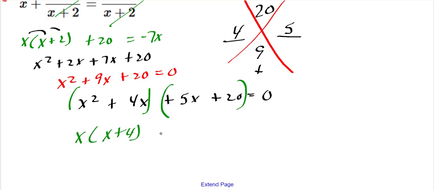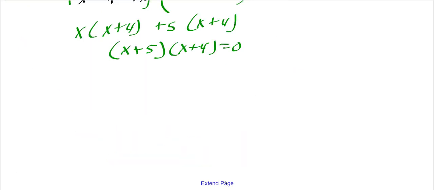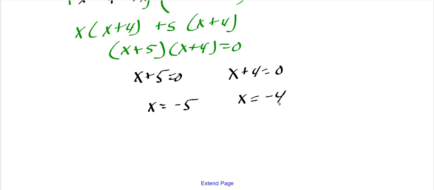That leaves me x plus 4. That's x plus 4. 5 divided by 1 is positive 5. 20 divided by 4 is positive 5. So x plus 5 and x plus 4 equal to 0. And then we're going to just set them equal to 0. X equals negative 5. X equals negative 4.